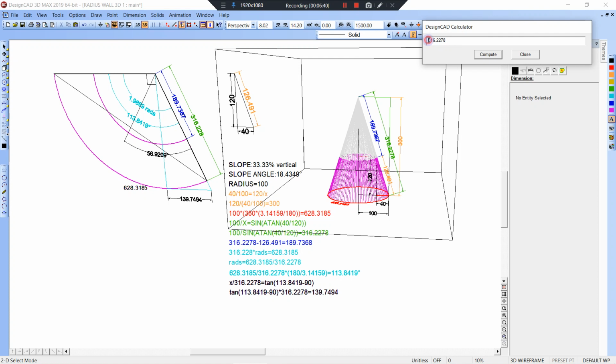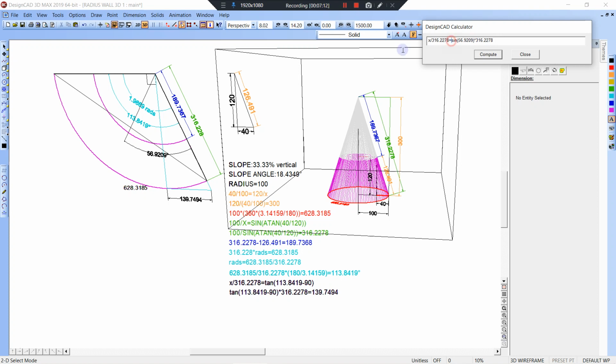So X divided by 316 is equal to the sine of 56.9209, close parenthesis, and you would take this on the bottom and multiply it times 316, 316.2278.